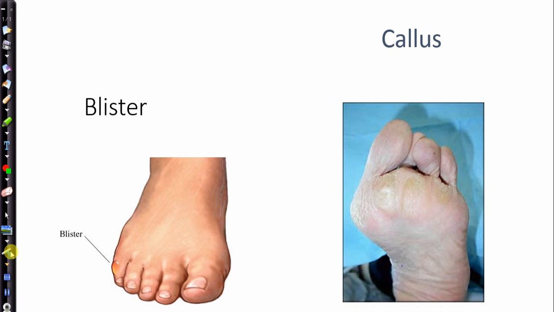So you may develop a thick layer of that. The callus is a thick layer of the stratum corneum. So you still have your stratum basale, you have your spinosum, granulosum, and lucidum, but instead of having 25 or 30 layers of cells that make up your stratum corneum, you could have twice that. And you get this thick, hardened mass of cells, and that's what makes up the callus.